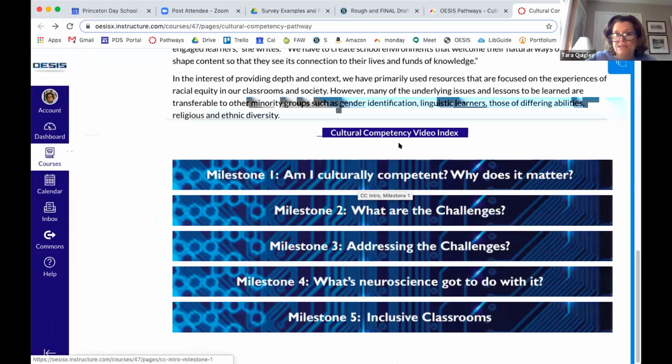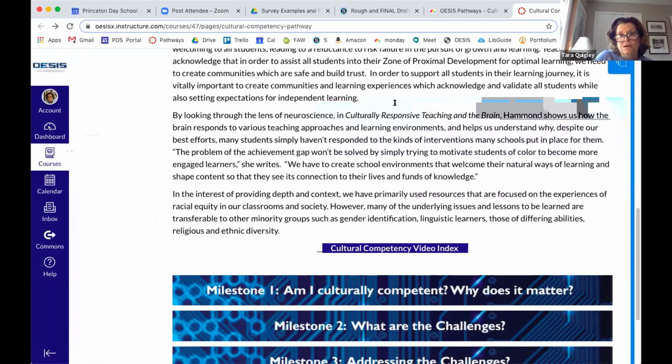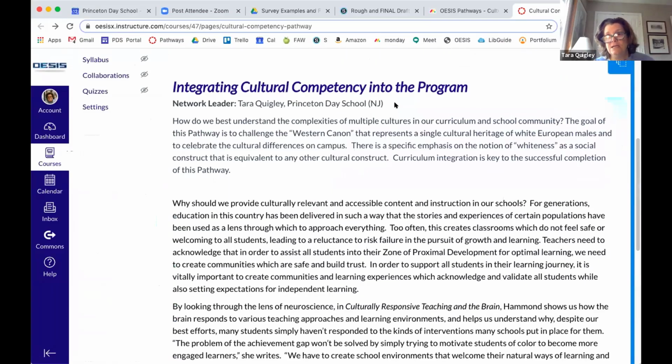The cultural competency pathway takes you through 5 milestones, and the idea is that this would apply to any sort of diversity or difference that you might encounter. We know that in independent schools, we have kids who come from very different socioeconomic backgrounds, as well as cultural backgrounds, linguistic backgrounds, learning styles, racial, all types.